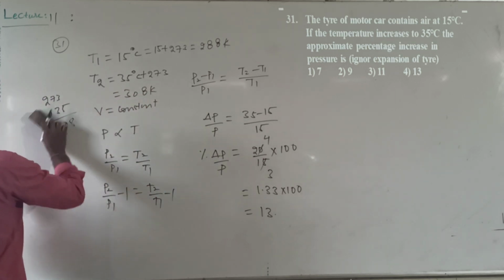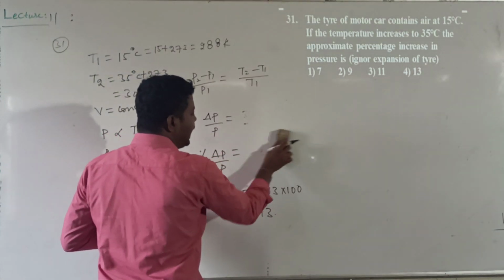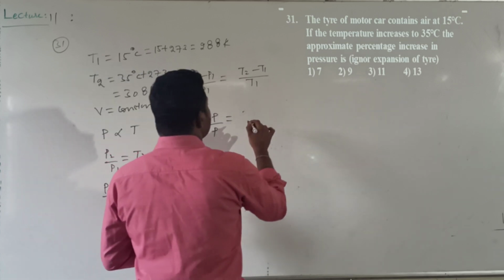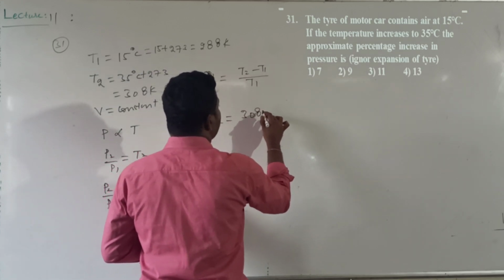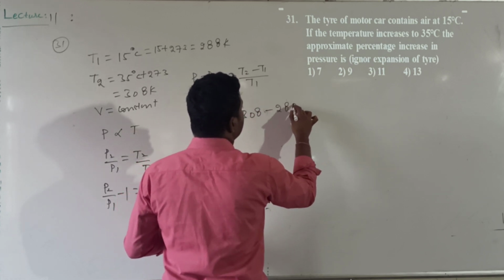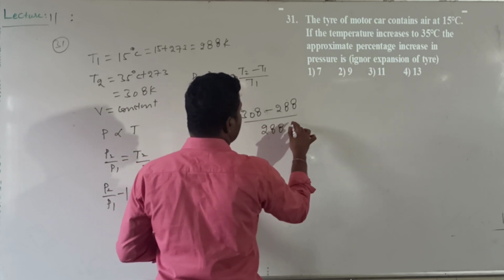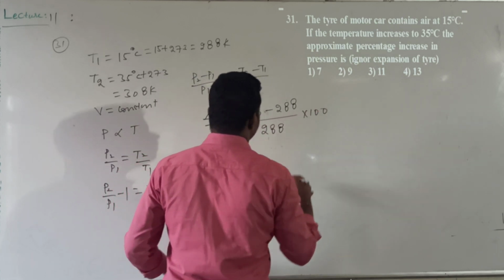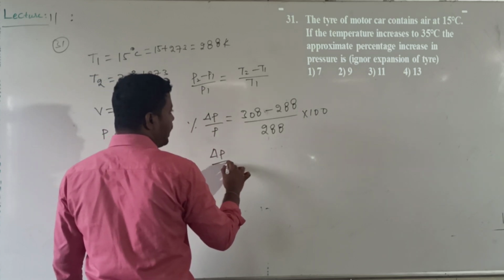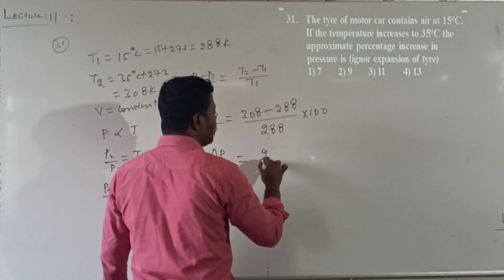Then T2 minus T1 divided by T1: T2 value will be 308 minus T1 value 288, divided by 288, into 100. If I want the percentage, delta P by P, 308 minus 288 is 20 only.